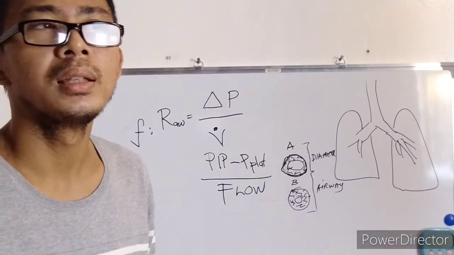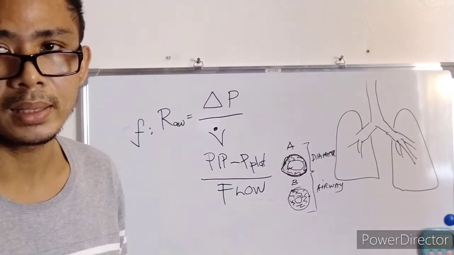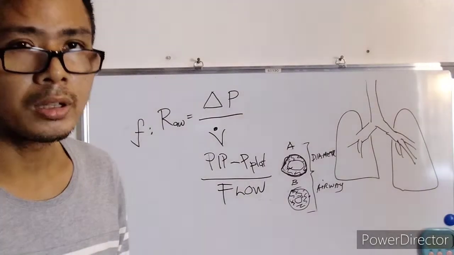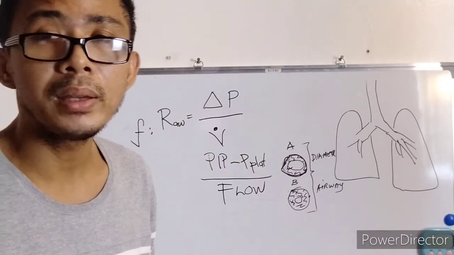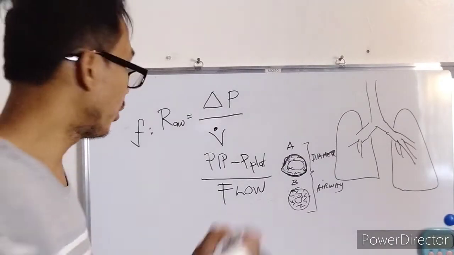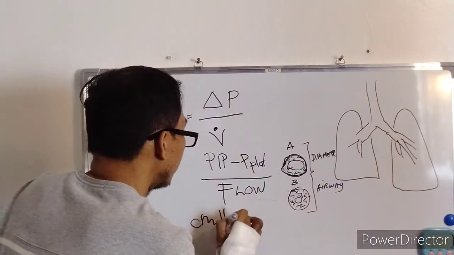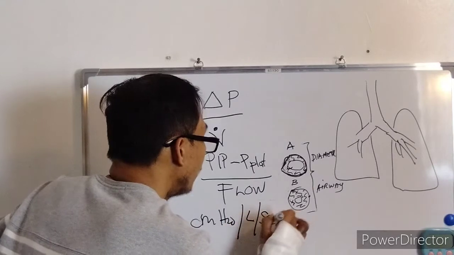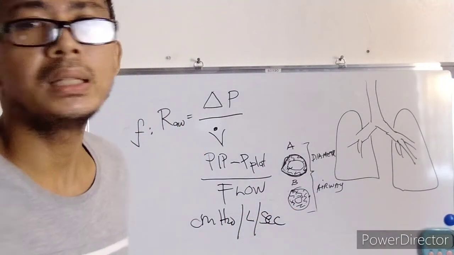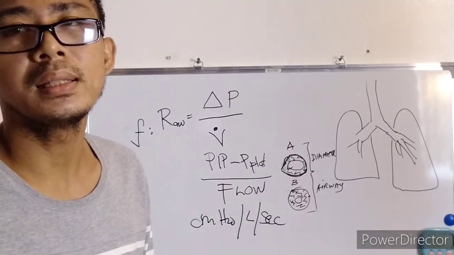By default, some equations are in minutes, not seconds. So the answer for your airway resistance must be in centimeters of water per liter per second. How do you convert minutes into seconds? You always divide by 60.